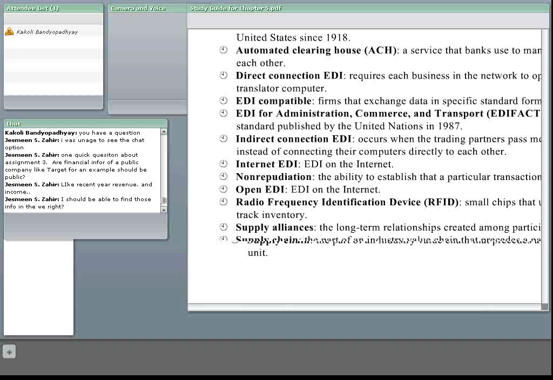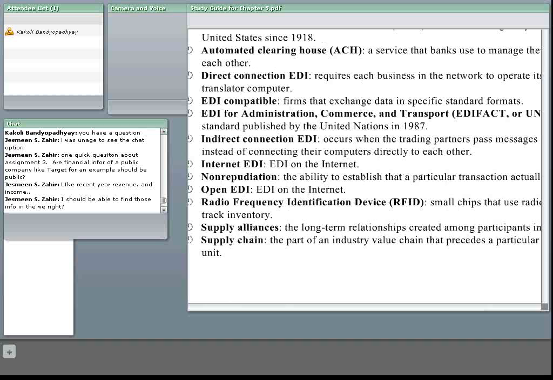This was a standard published by the United Nations in 1987. This is the international standard for EDI. The international standard for EDI is EDIFACT. X12 is the standard used by American companies. So EDIFACT is the international standard and X12 is the standard used by American companies.